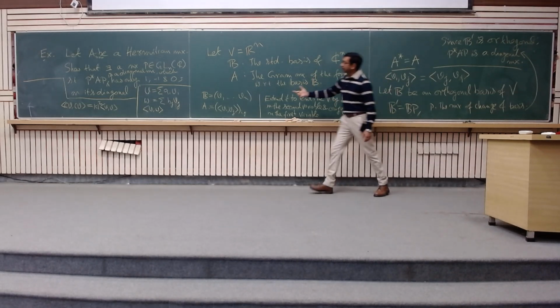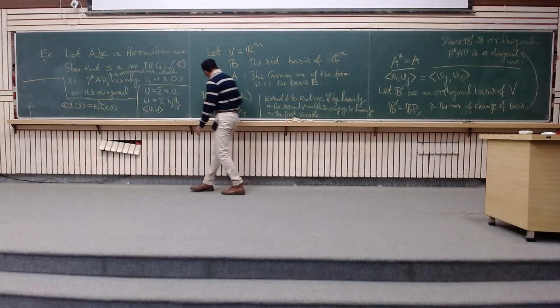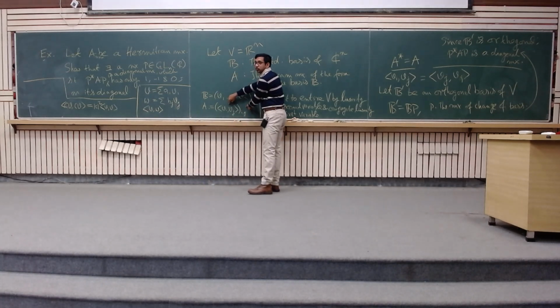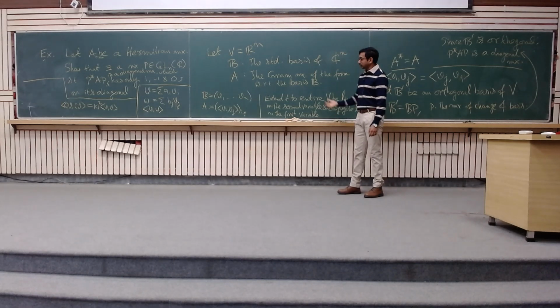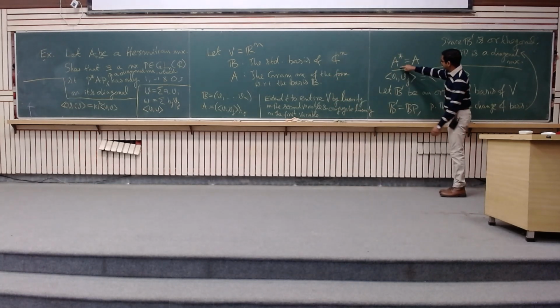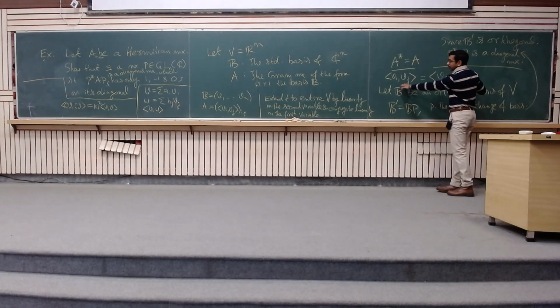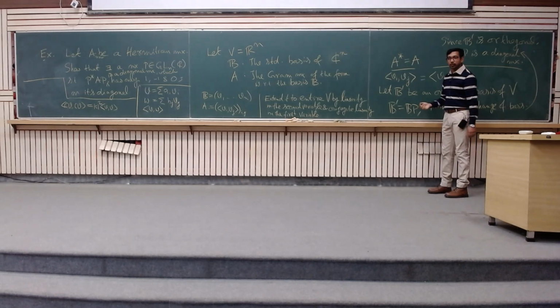So the bj's just come out, whereas the first ones come out as conjugates. This way, just by defining these n squared entries, you can define the form over the entire space. Here it's just a setup, that is, which form we are going to talk about. Since A star is equal to A, we get the Hermitian symmetry for free, so this indeed defines a Hermitian form.